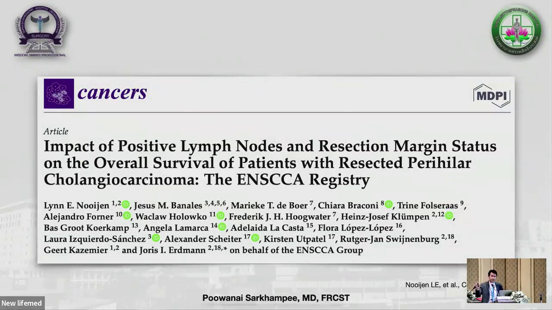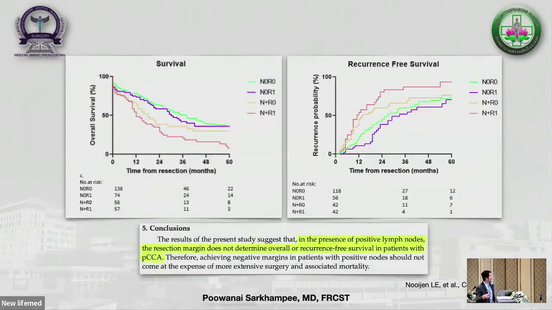There are a lot of papers nowadays showing this data. This one is from the Netherlands. They included patients from the European cholangiocarcinoma registry and analyzed them. They found that for patients with lymph node negative disease, there's a difference in survival outcome between R0 and R1.